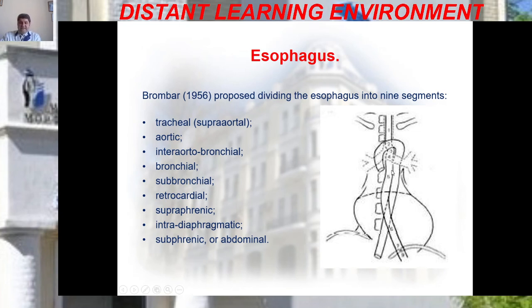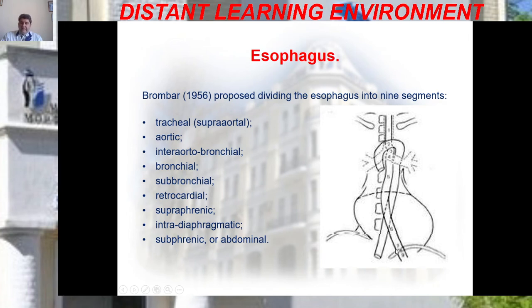Fifth is subbronchial segment below the left principal bronchus. Sixth, this is retrocardial segment behind the heart. Seventh is supraphrenic, above the diaphragm.